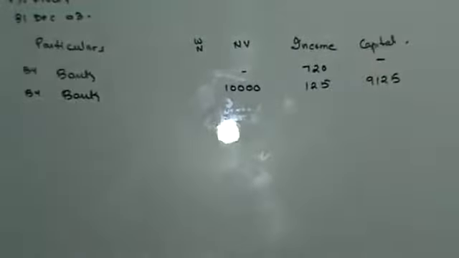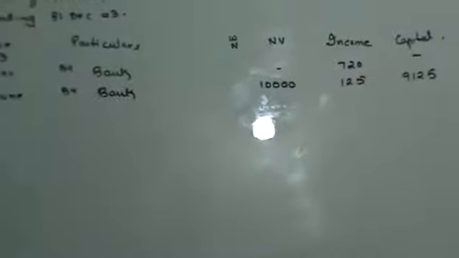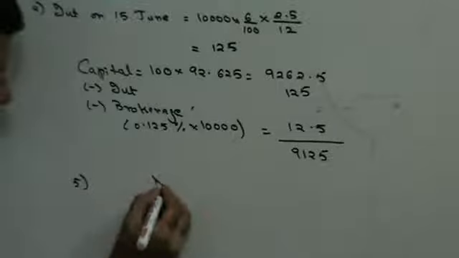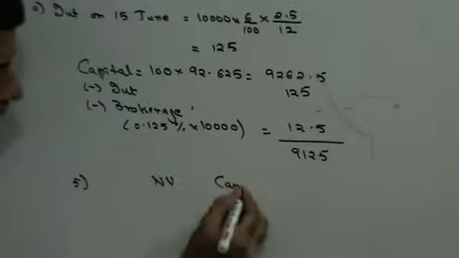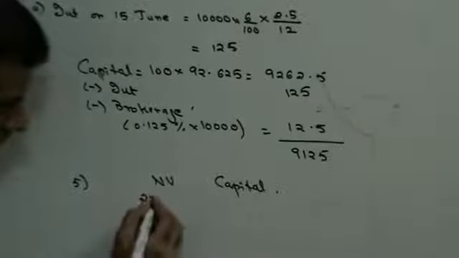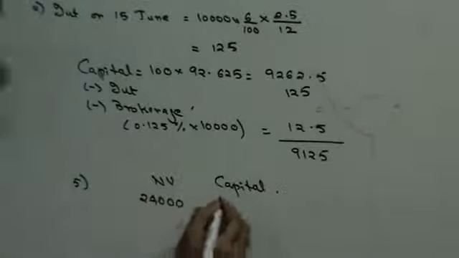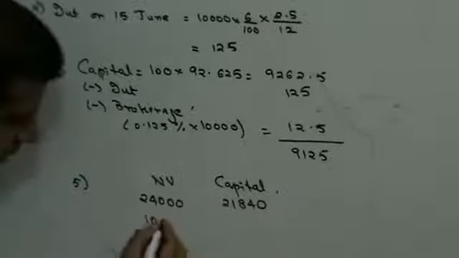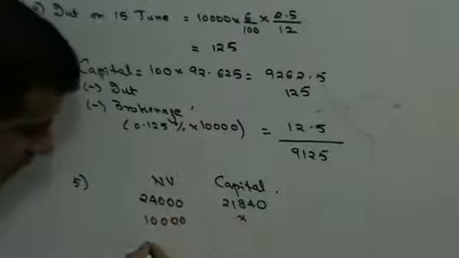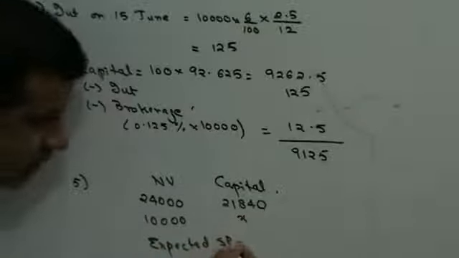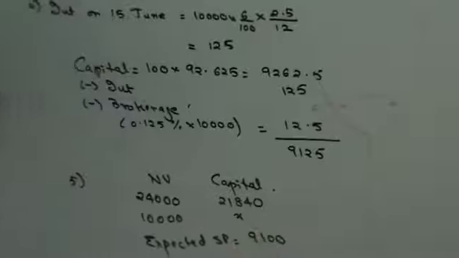Now whenever you sell, you have to calculate your profit or loss. Let's see the calculation of profit or loss. You have nominal value and capital value: 24,000, capital value is 21,840, and this is 10,000. Someone please help me get this. Expected selling price is 9,100.